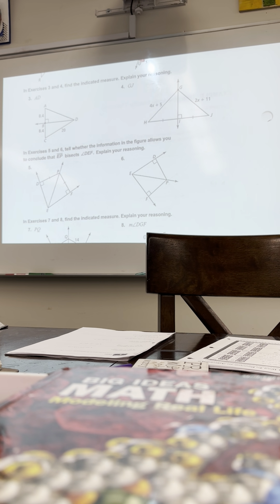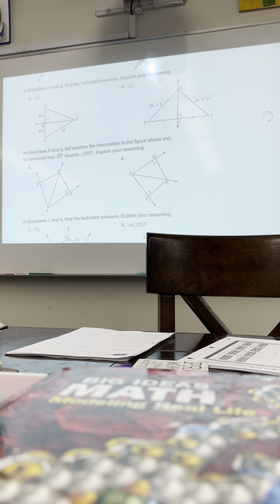I'll check on that. Find the indicated measures. AD is 20. Okay, is this the converse or is it regular? No, it's regular. It's normal. You just said converse, so explain in words without saying the word converse or regular.